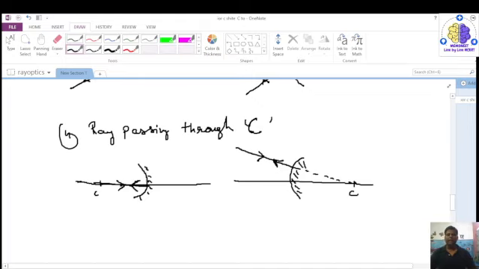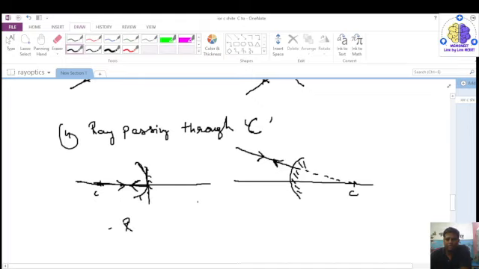Now, why is a light ray or a line passing through the center of curvature and getting incident on the curved surface always perpendicular? Because the center of curvature is the center of the sphere of which this mirror is a part, and for a circle, a line drawn from the center to the circumference is known as the radius, and that radius is always perpendicular to the tangent drawn from the same point.